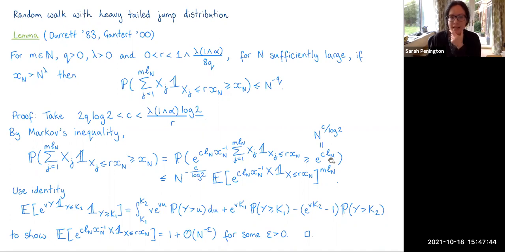And because l_n is log base 2 of n, or within 1 of log base 2 of n, we can basically write this as n to the power of c over log 2.